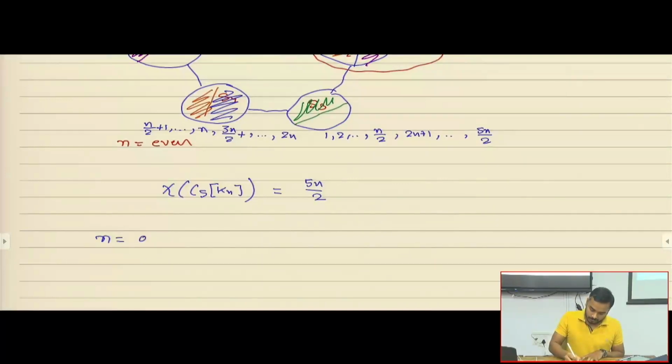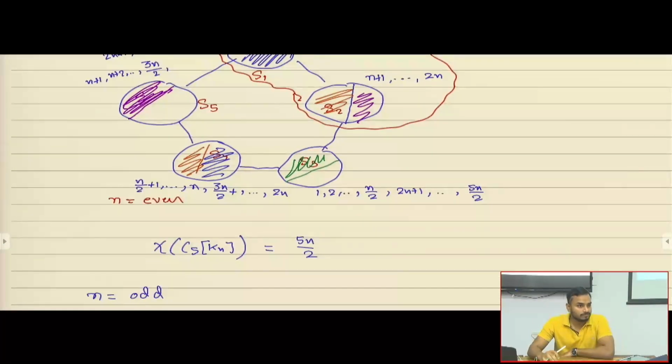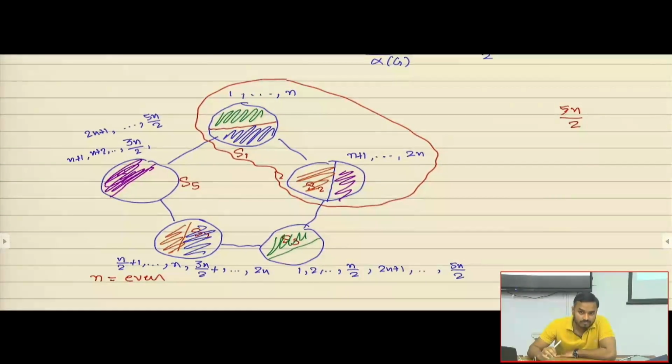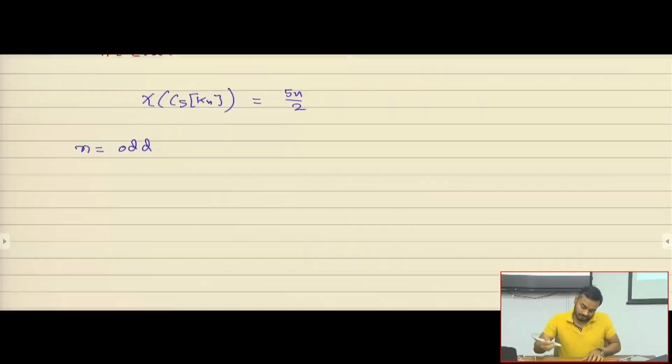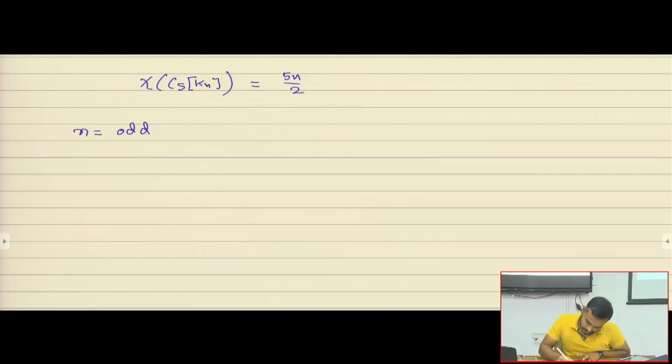For n equals to an odd value, what we are going to do? Basically, if n is odd, we will take one vertex from each set S1, S2, S3, S4, S5 and delete those vertices. So now all the sets will have an even number of vertices. Now we can use the similar approach to color it.